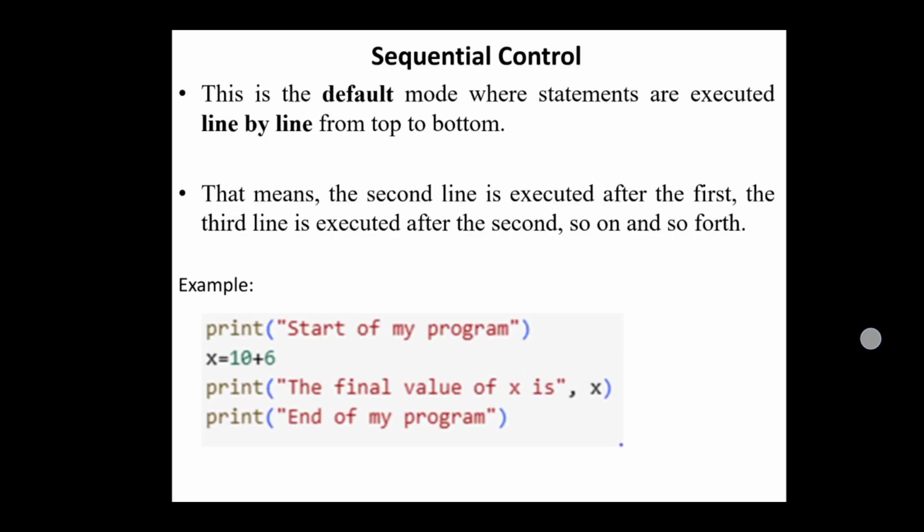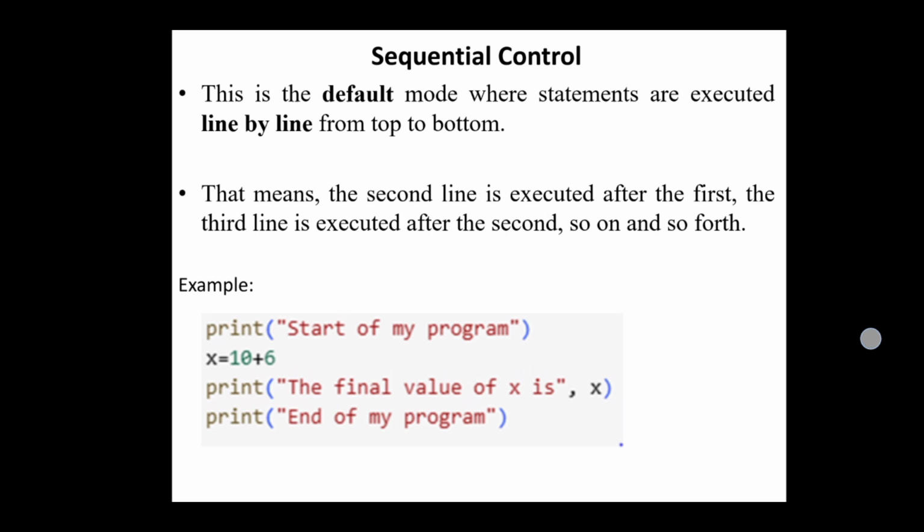Now, sequential control. This is the default mode where statements are executed line by line from top to bottom. That means the second line is executed after the first, the third line after the second, and so on. Take one example.